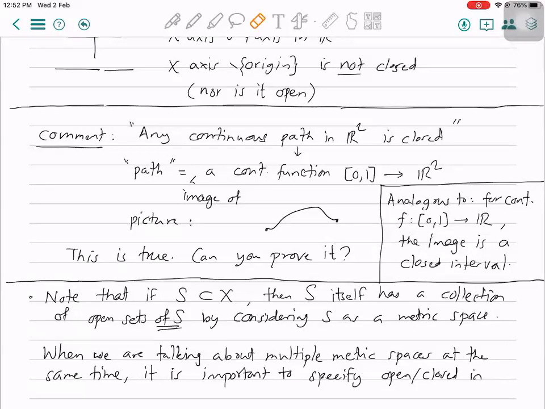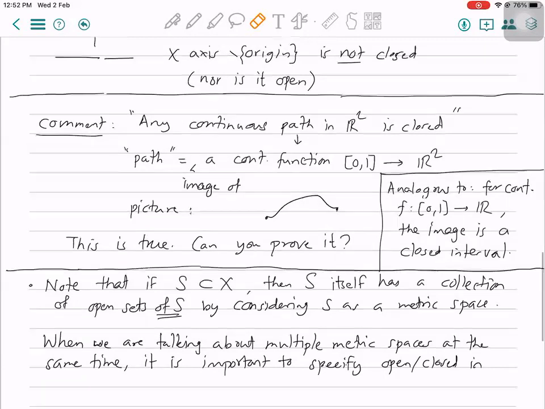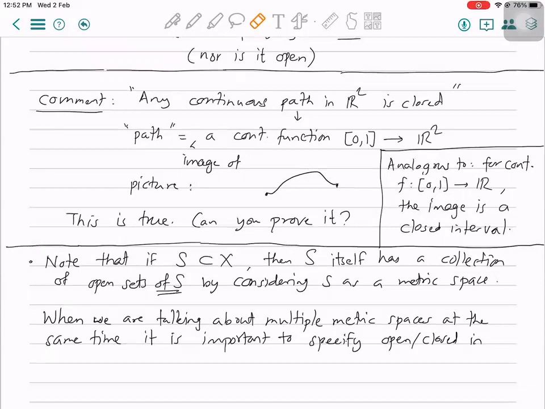Let me try to rescue this. When we say that some set is open or closed, it is important to specify in which space.